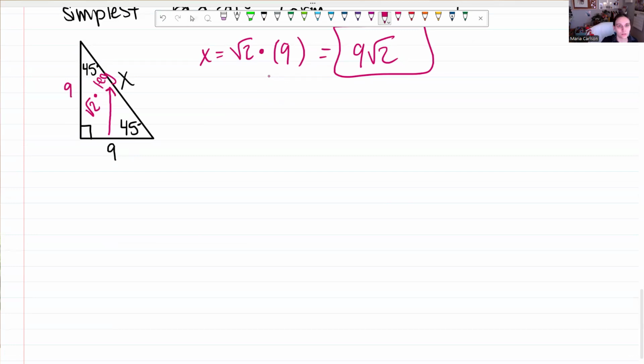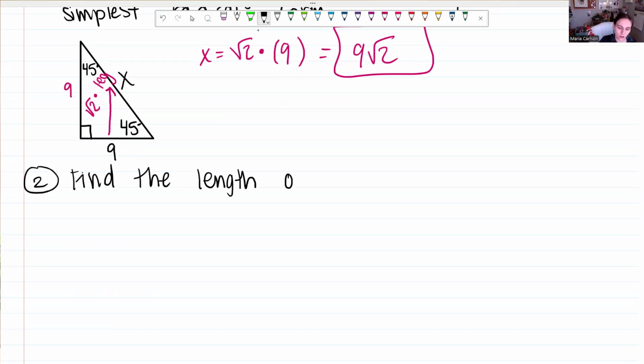Number 2, we are going to find the length of side x in simplest radical form.